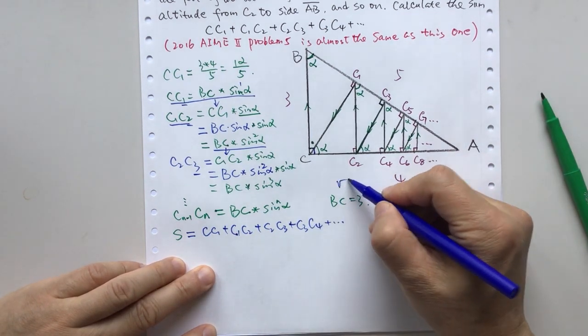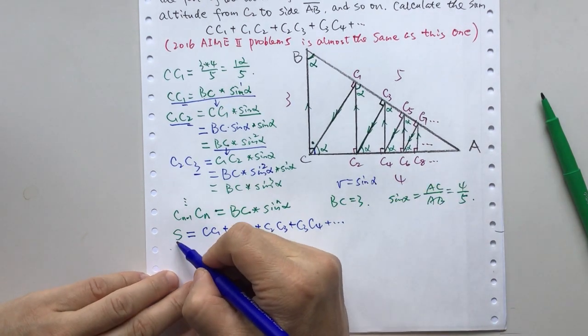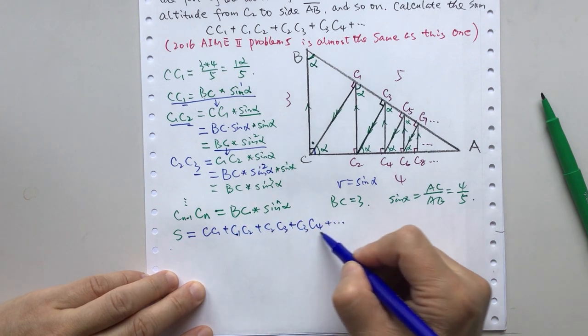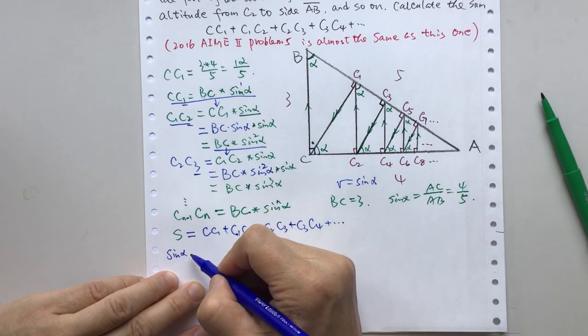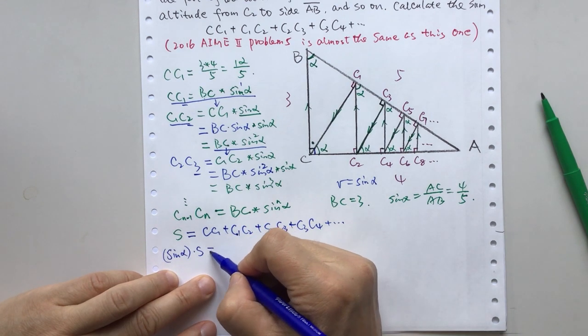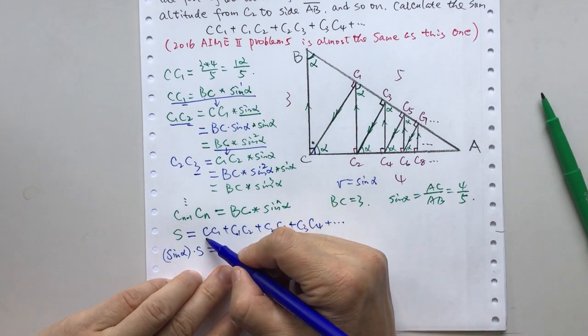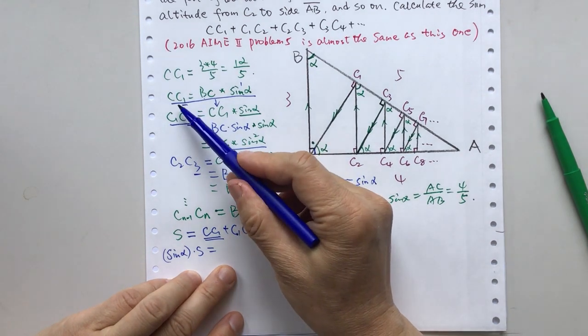The common ratio is sine alpha. So we can multiply sine alpha on the left hand side and right hand side at the same time. Sine alpha times S equals the first term C1 times sine alpha.